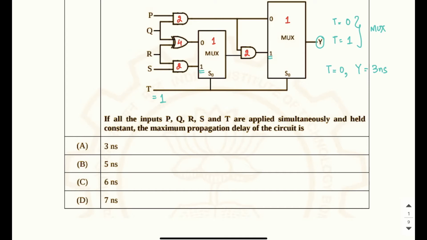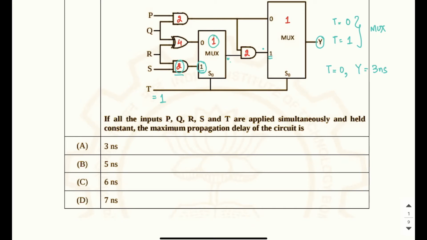To determine what is at this point, we need to go back in the circuit and find this particular output. This output is again dependent on whatever is coming at this input of the multiplexer. Now this is depending on the AND gate, hence you add 2 nanoseconds for the AND gate and 1 for this multiplexer.